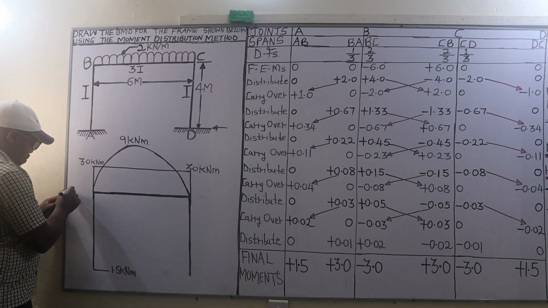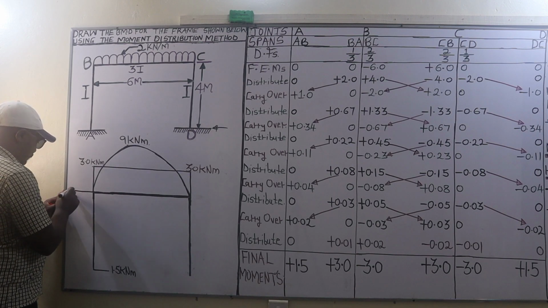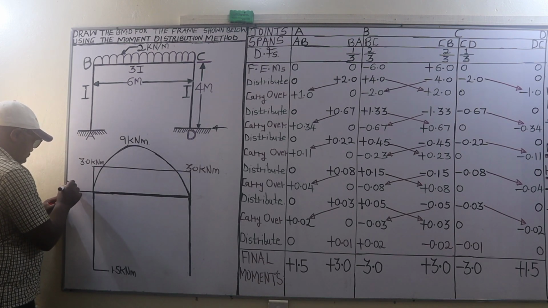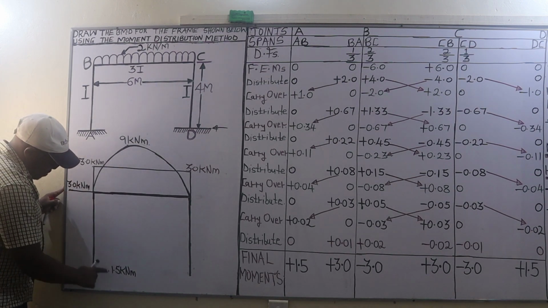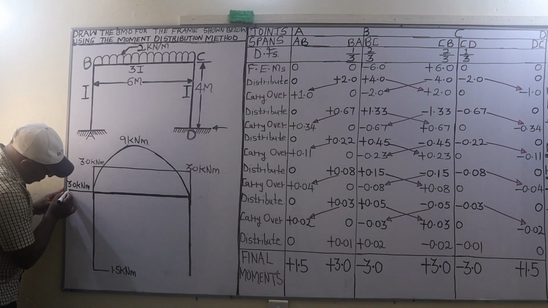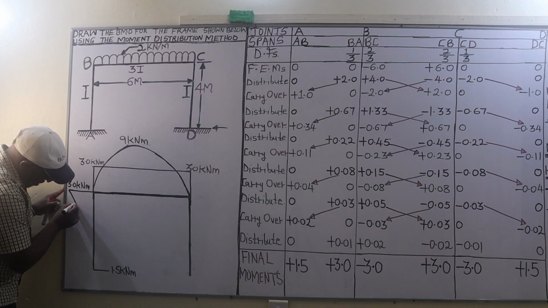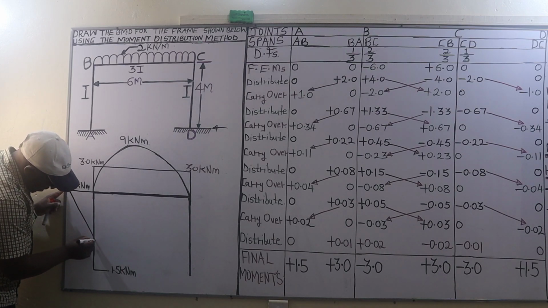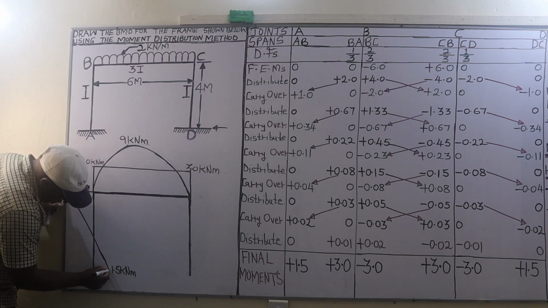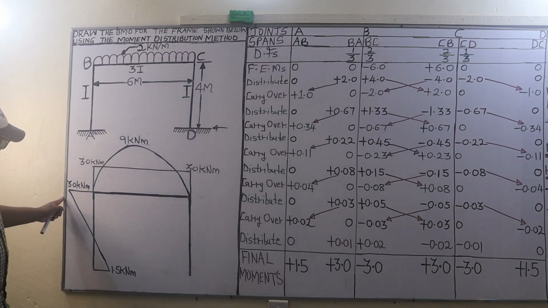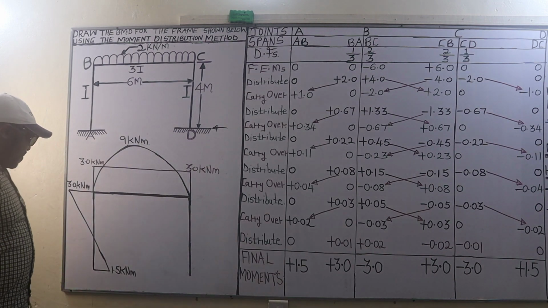So we are going to have that. So this is 3.0 kilonewton meters. Then I'm going to join 3.0 kilonewton meters to 1.5 kilonewton meters. Let me hope I'll be able to measure correctly. Yeah, that was a good try.